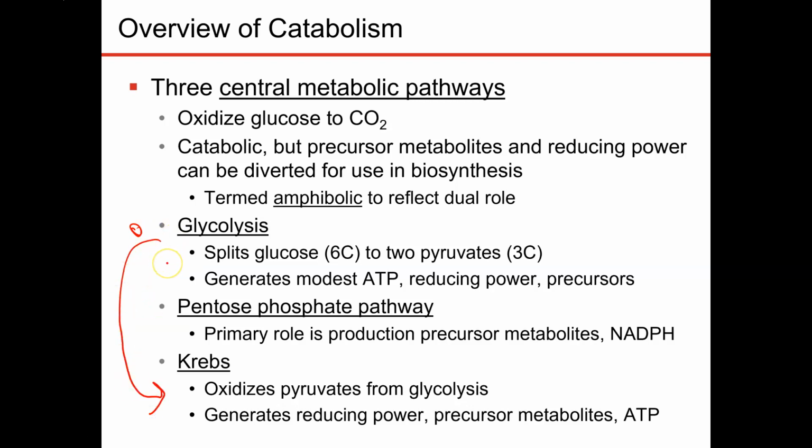So from glycolysis, the molecules generated, the pyruvate, are going to be modified and eventually will enter the Krebs cycle, where we will oxidize them completely, producing a lot of reduced molecules that can then produce a lot of ATP, or help in the production of a lot of ATP.